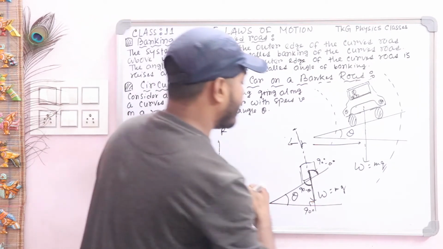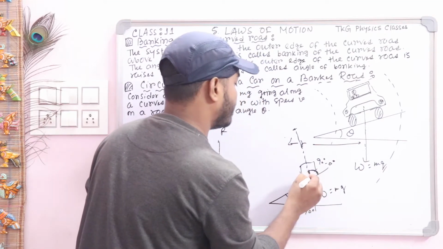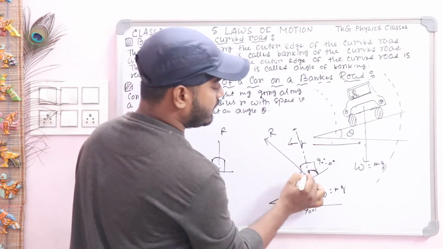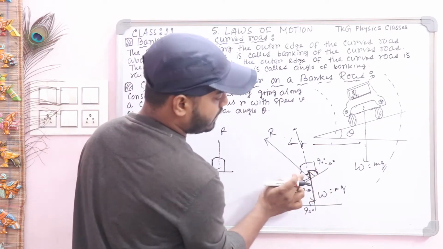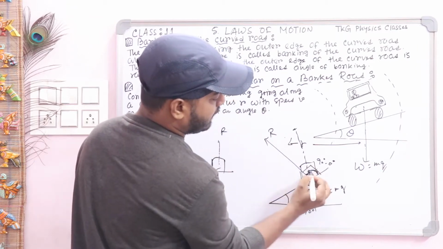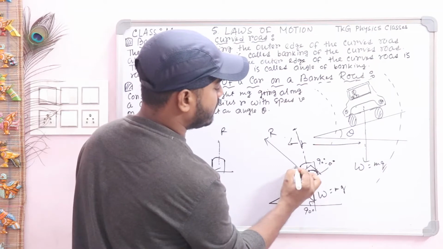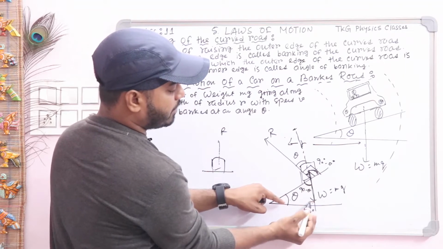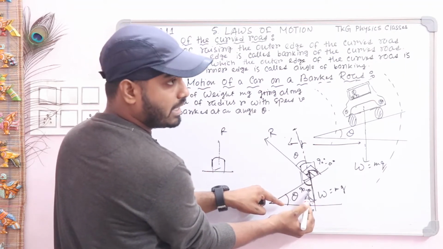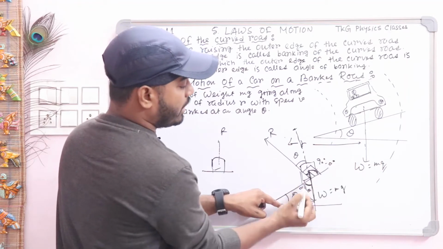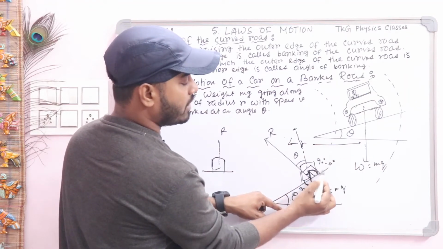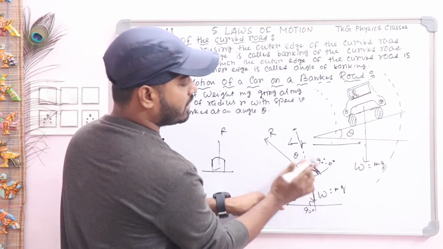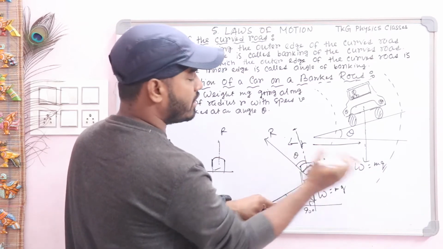This is the normal reaction force R. This is perpendicular, so the total angle is 90 degrees, and this angle is 90 minus theta, so obviously this angle is theta. The sum is 180, and theta plus 90 minus theta is 90. So this angle is theta.